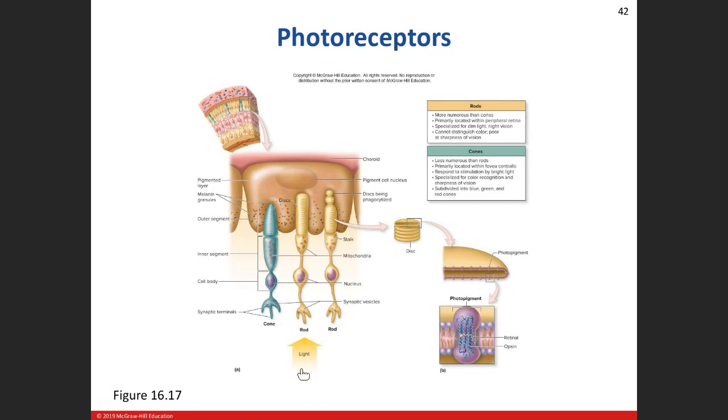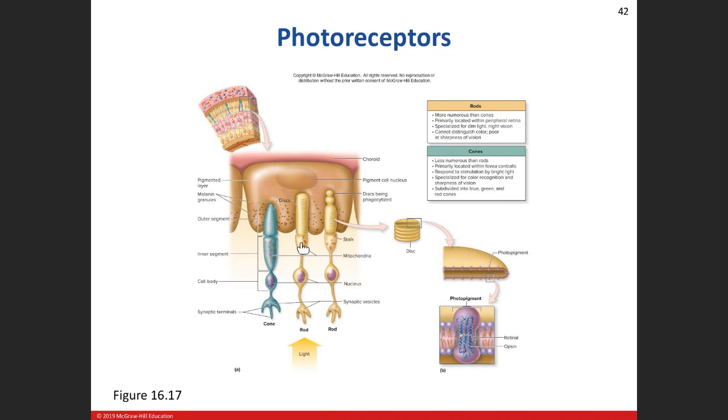But the interesting thing is that light comes in and it hits these structures first. Doesn't matter. Doesn't do any good because there's nothing in these portions of the cell that light can interact with. It has to make it all the way down here to the outer segment where the discs are, where our photopigments are. And we'll talk about what happens with that, okay? So keep in mind, cones, sharpness of vision, color.